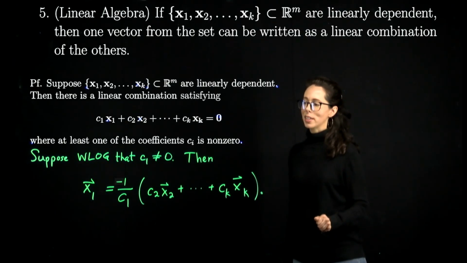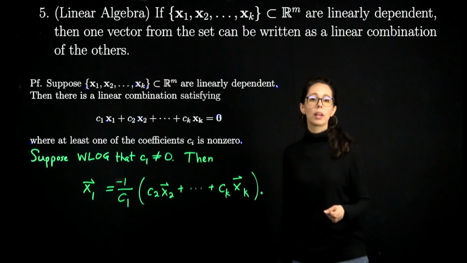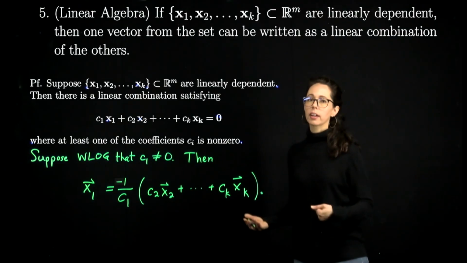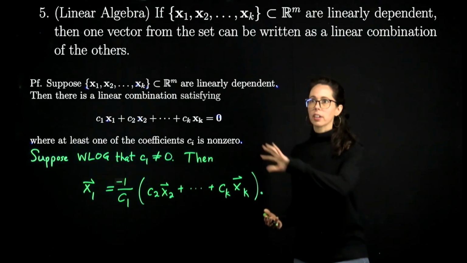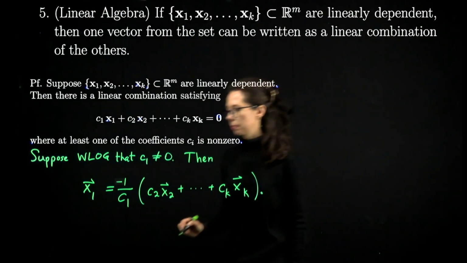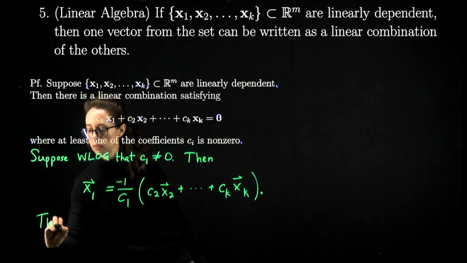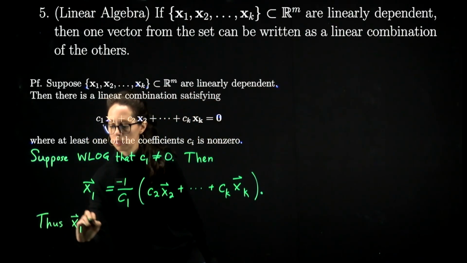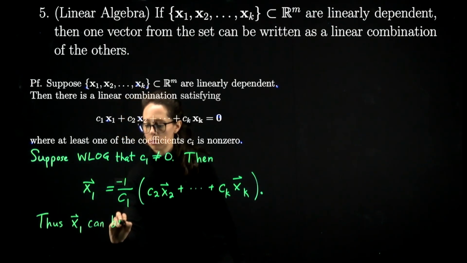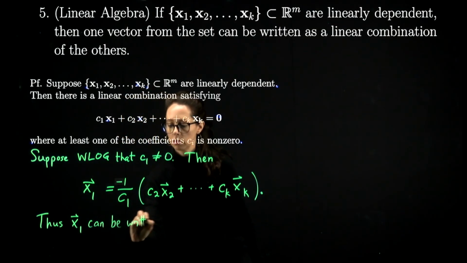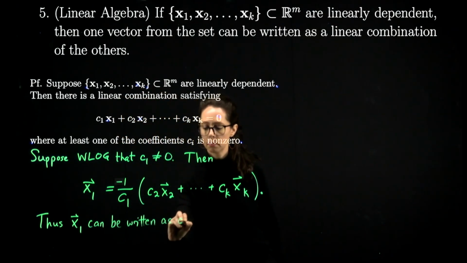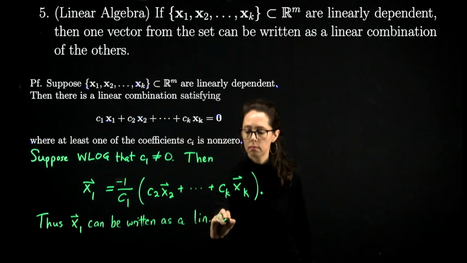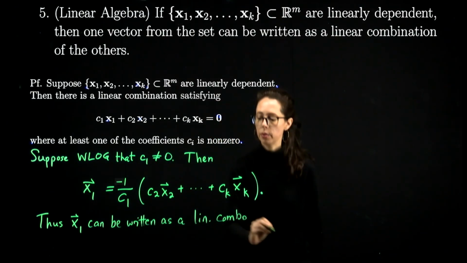I will write one more sentence saying, therefore, x1 has been written as a linear combination of the others, just to go back to the language of the statement.